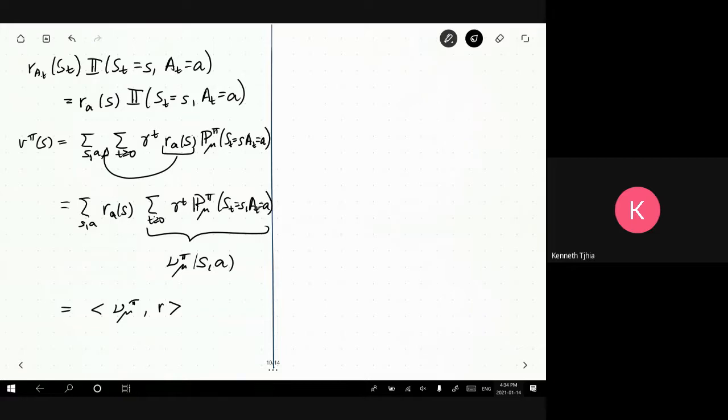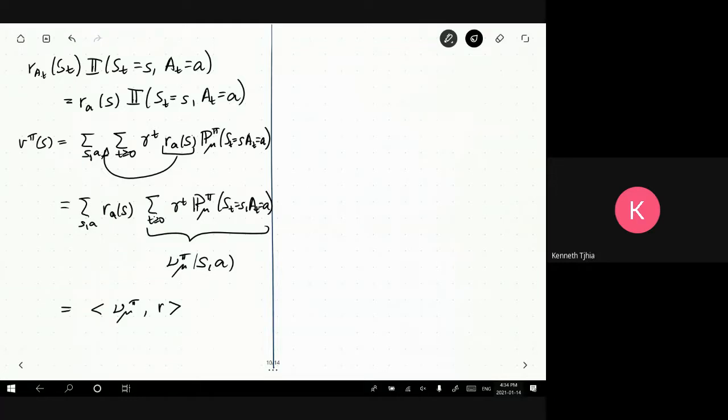So why do we care? Well, eventually the values are what matter, and this is a very simple expression for the values. In a way, if you care about the value at the initial state distribution, it tells you that you should just think about what these occupancy measures are, and then try to choose the policy such that its occupancy measure is mostly aligned with the reward function.